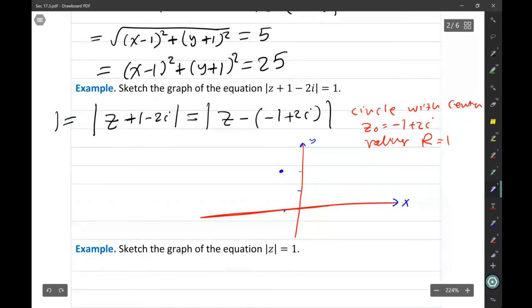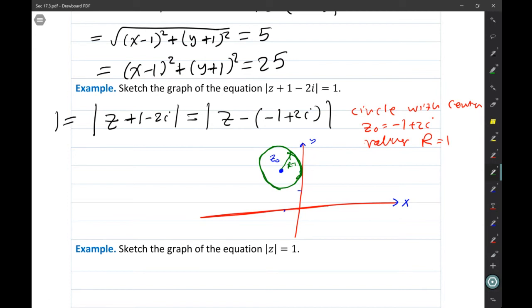It becomes here, this complex number z naught, minus 1 plus 2i, with radius r equal 1, so this distance is also equal to 1. So here the circle is going to be drawn now. This is r equal 1.